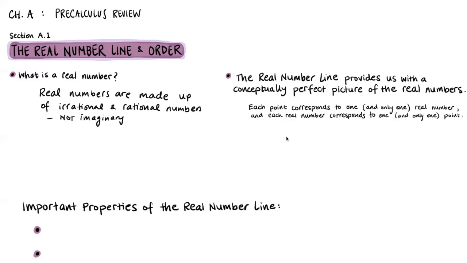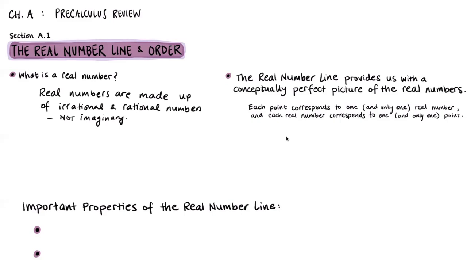So no dealing with i, which is the square root of -1. That is not a part of this course at all. So if you didn't like that in your Algebra 2 class in high school, no worries. That is not something that we're going to address at all this semester.